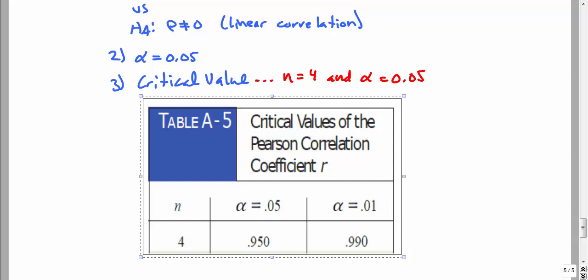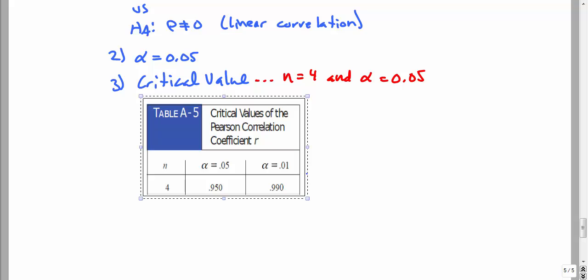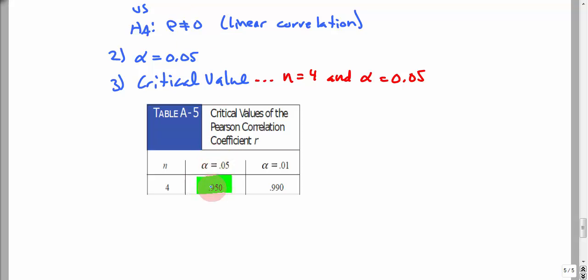So using our table, n equals 4, that's the lowest we can go here, and alpha equals 0.05, we can see that the value we need for my critical value is at the intersection of those two numbers. It's 0.950. So my critical value is equal to 0.950.